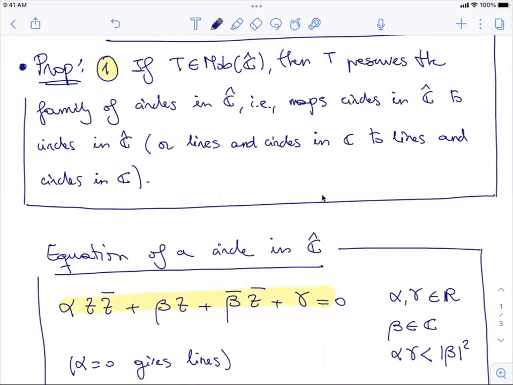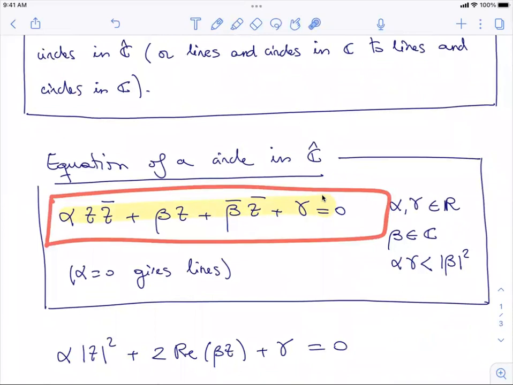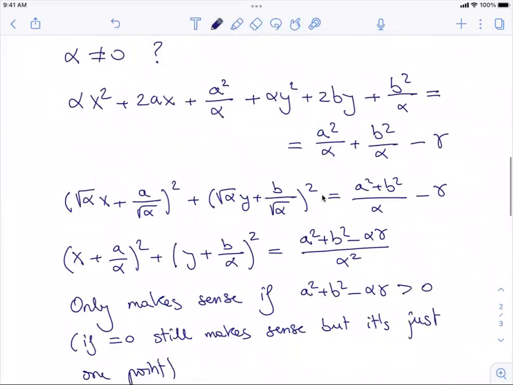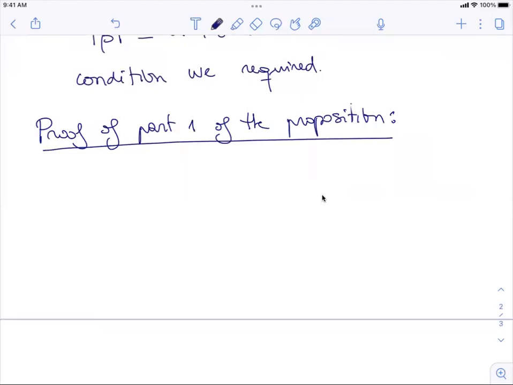and prove that a Mobius transformation preserves this family of circles. So proof of part 1 of the proposition. Remember, there was a second part. We'll do that one in another video. Here we are going to use a typical trick that we use for Mobius transforms.